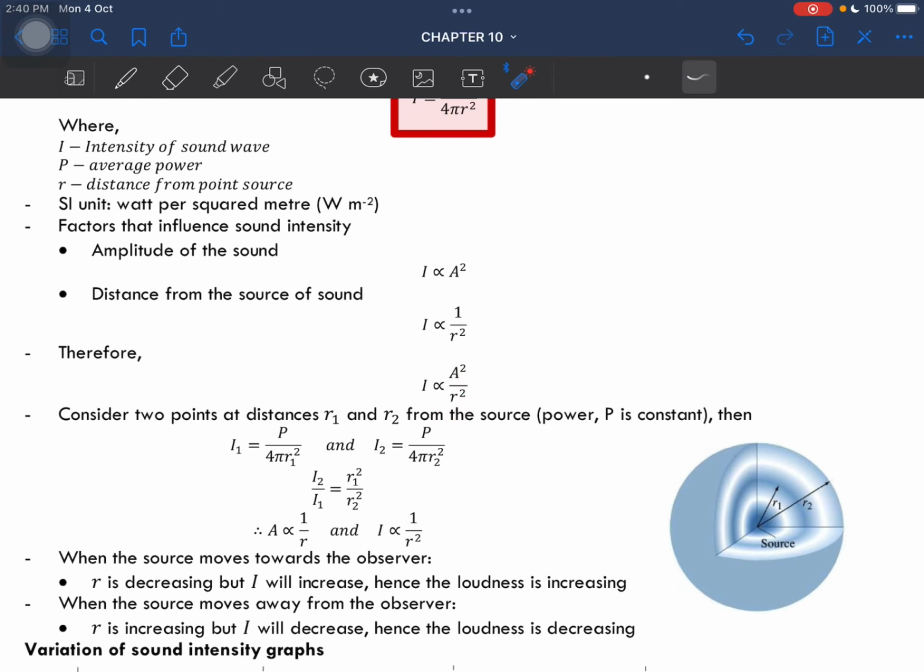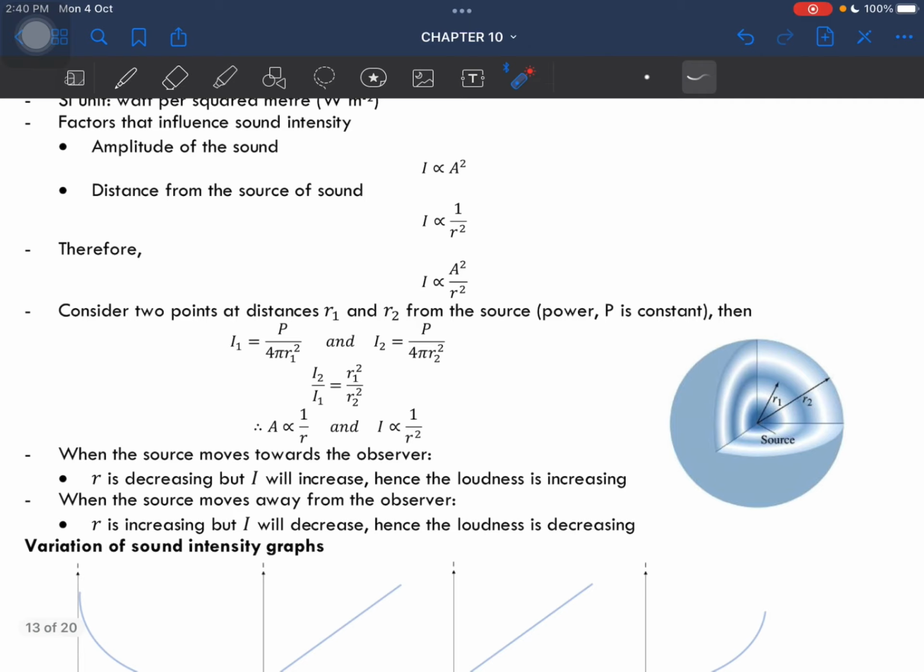Let's consider 2 points at distances of R1 and R2. Based on this, we can know that the intensity at point R1 is greater than the intensity at point R2. Why? Because again, the intensity is inversely proportional to the distance.